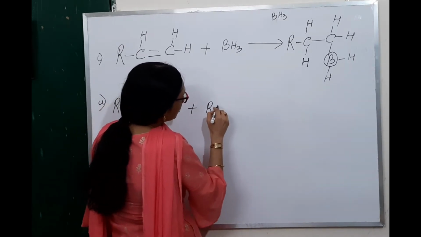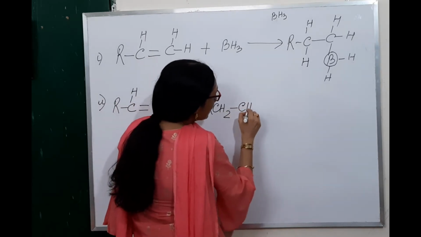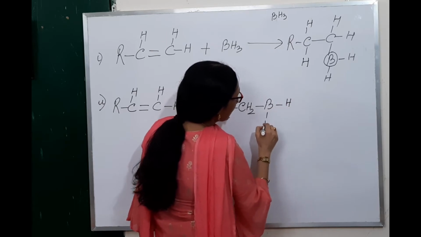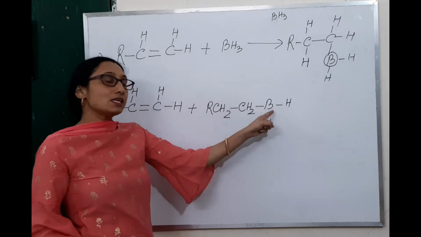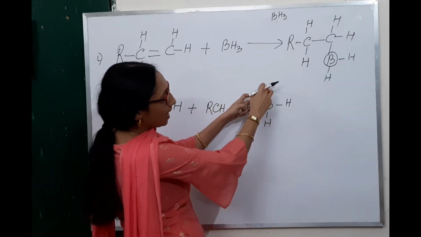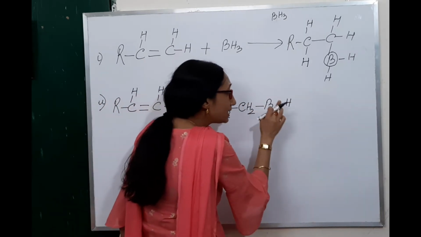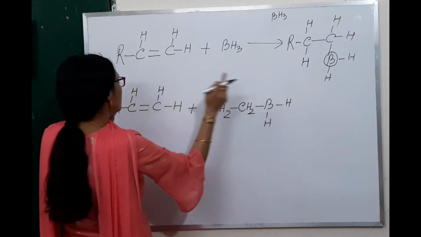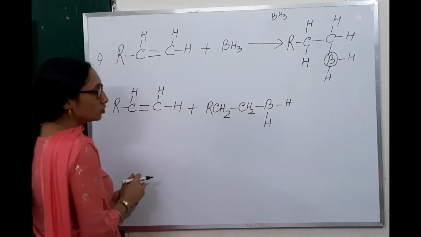So I am writing it as RCH2CH2BH2. Now you have to visualize this as RCH2CH2B plus and this part will be H minus. That means once again what will happen? This H will be transferred or added to this alkene as H minus and it will go to which carbon?